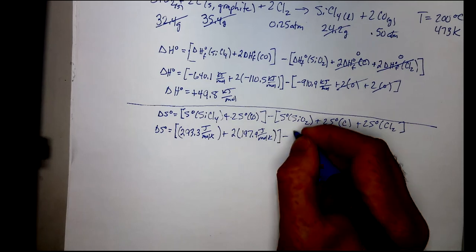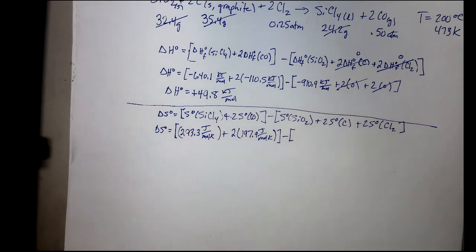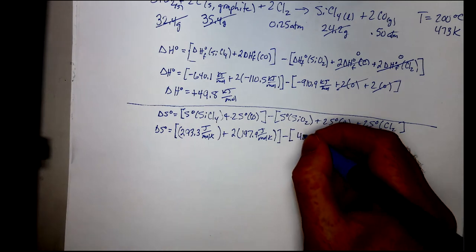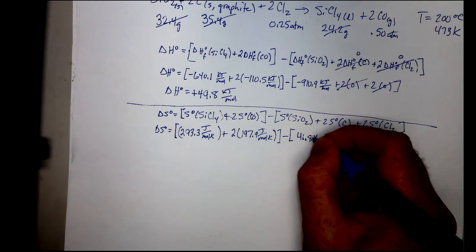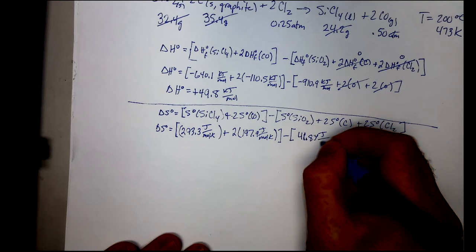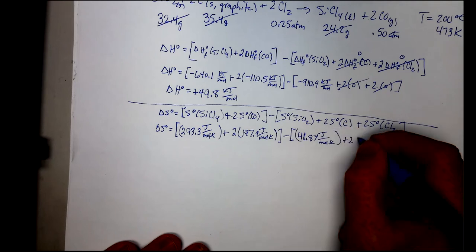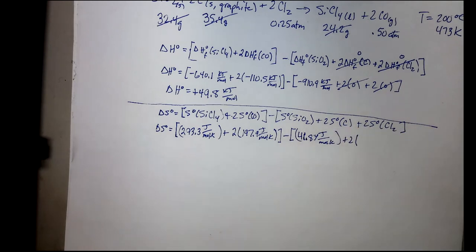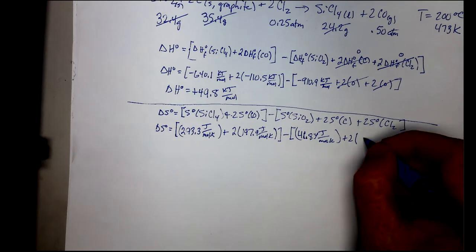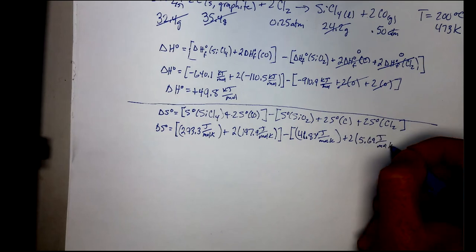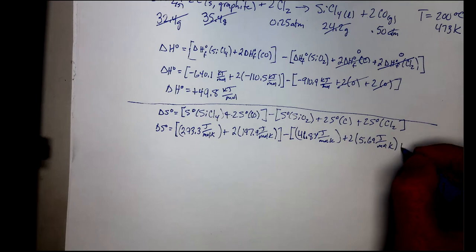That's my product side minus my reactant side, silicon dioxide, 41.84 joules per mole Kelvin, plus 2 times the carbon value. Remember, carbon is graphite, 5.69 joules per mole Kelvin. Notice entropy values for solids are significantly lower.